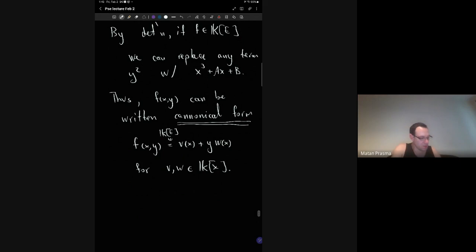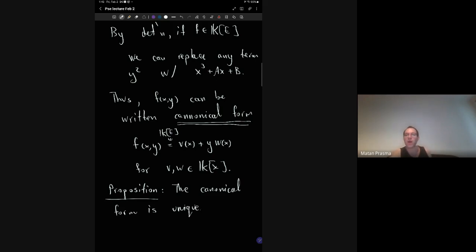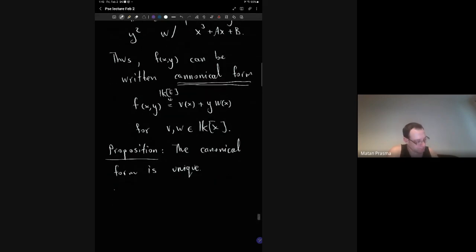Okay, so I claim that the canonical form is unique. I mean, you cannot write it in two different canonical forms. Before the proof, are there any questions on this? No.